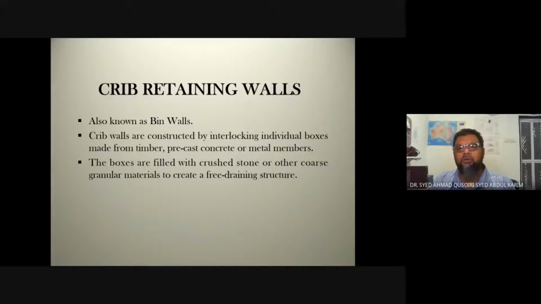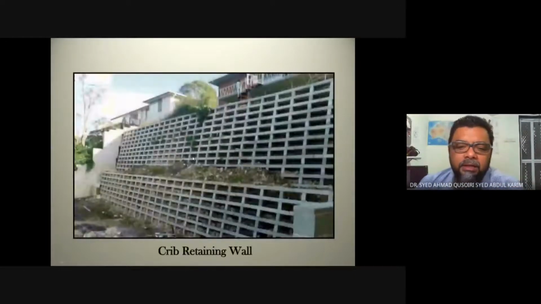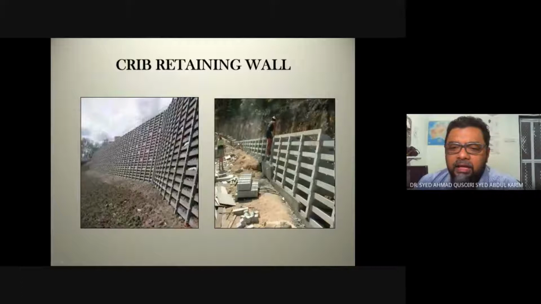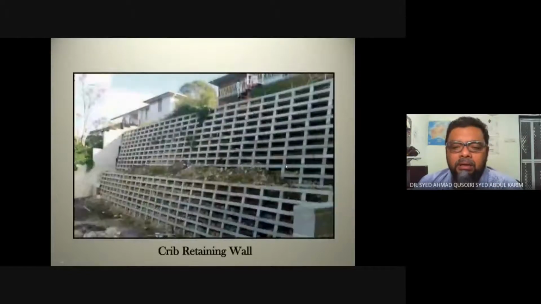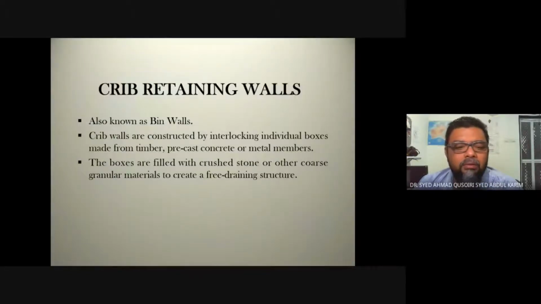So we need to fill up this skeleton of a wall with materials. Normally, after the skeleton of the crib wall has been completed, it will be filled with materials, either crushed stone or other coarse granular materials.